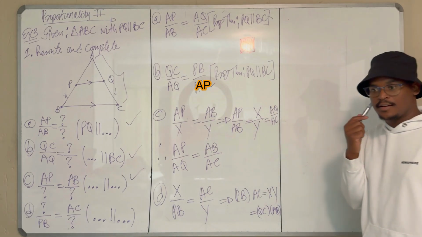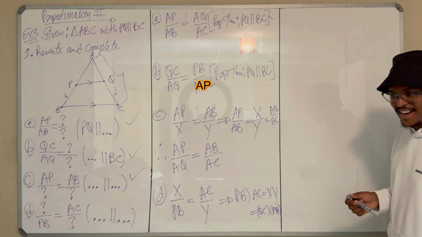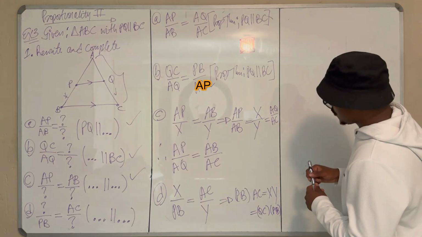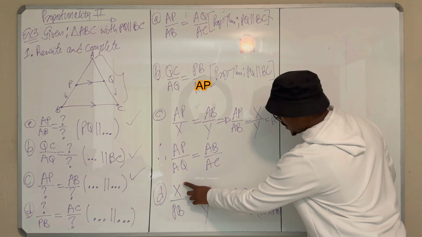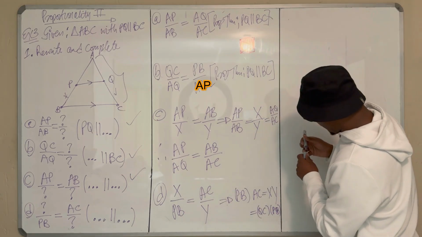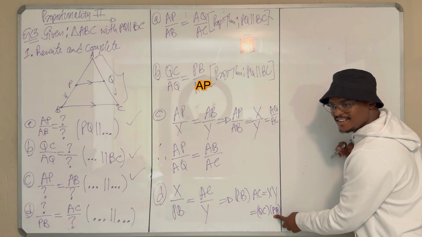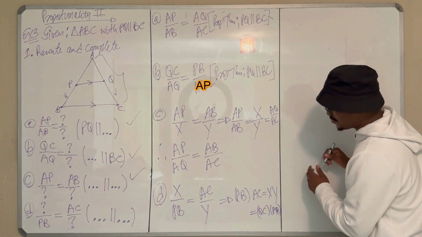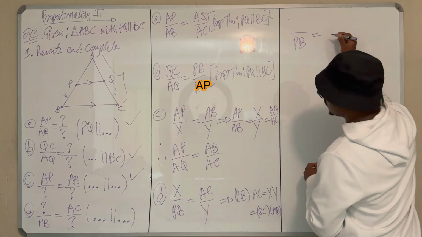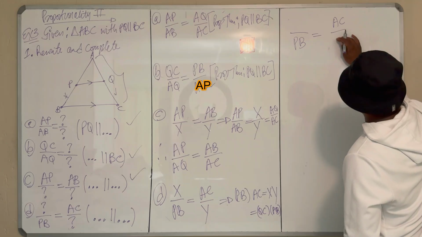Okay, so in this case, let's try to bring it back now. It's going to be X over PB, but we don't know which one is X. That's what we should try to organize. So we're going to do something over PB is equal to AC over something.